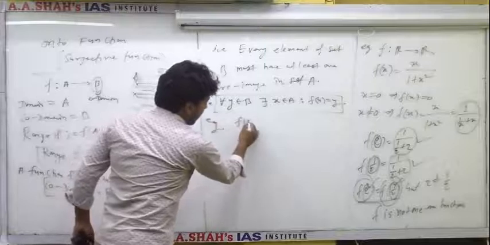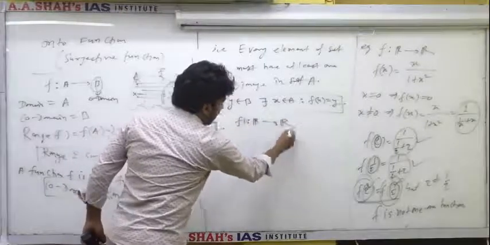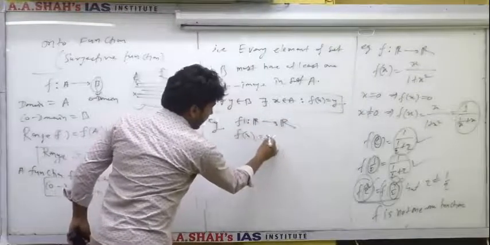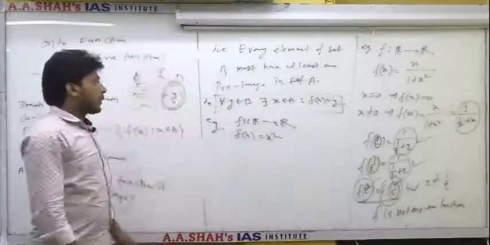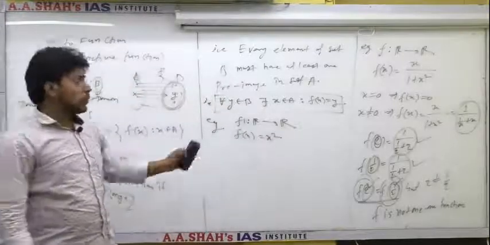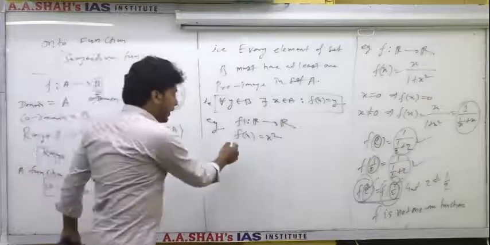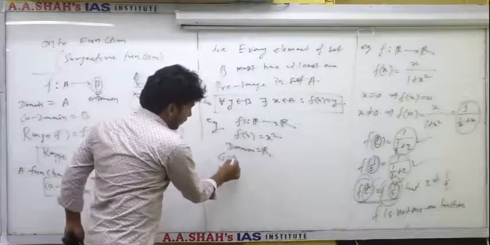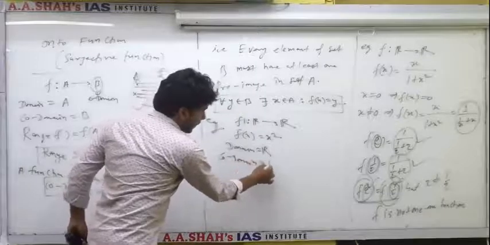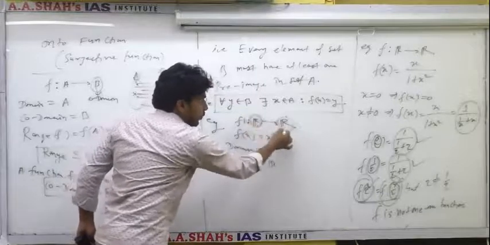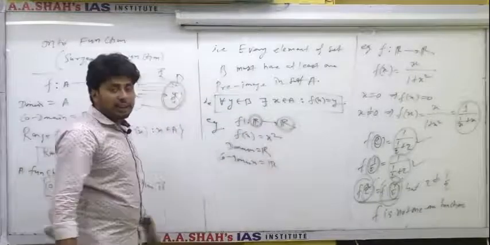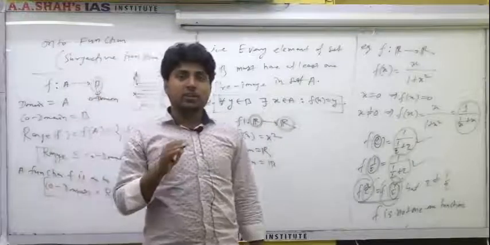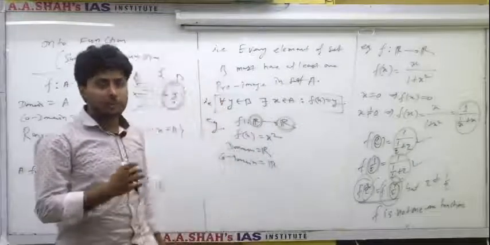Suppose f is from R to R, where f(x) is x square. Now we need to check whether this function is onto or not. Clearly we have domain R, this is domain R, this is codomain R. We need to find the range, and if range and codomain are equal, then the function is onto, otherwise it is not onto.